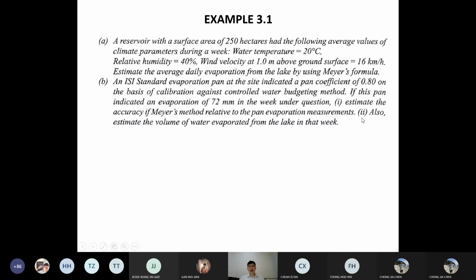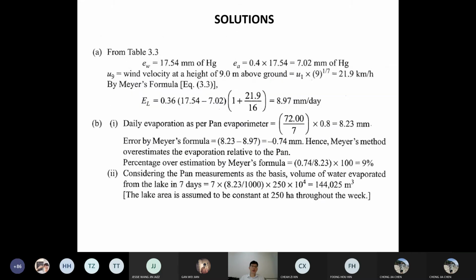So now he said, okay, apart from using the empirical equation, the Mayer equation, now please use the measurements of the evaporation pans. What's the difference between the measurement data and the empirical data? And also estimate the volume of water evaporated from the lake in that week. So you can see how we do that.